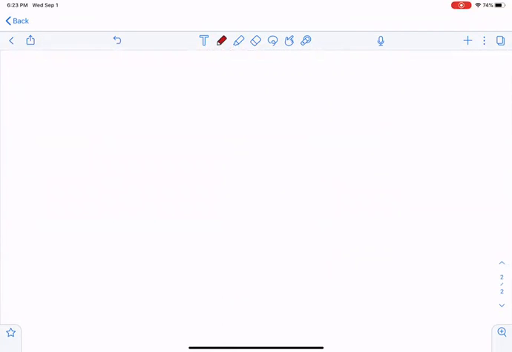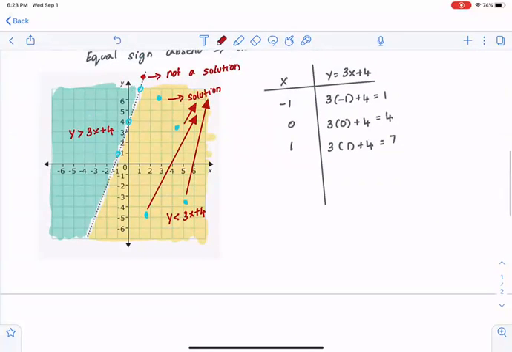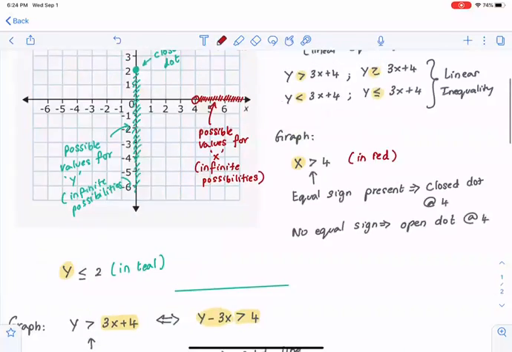So we just draw the line and then we come up with less than or greater than, and you can see from the picture which side is greater than and which side is less than. And right in the middle, it's a dotted line. So any point that lies on that dotted line is not a solution.